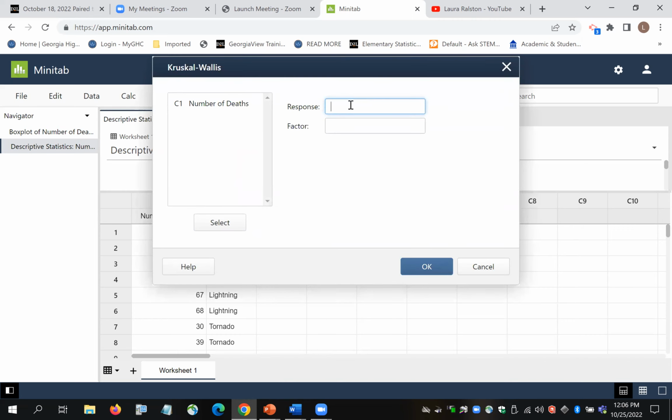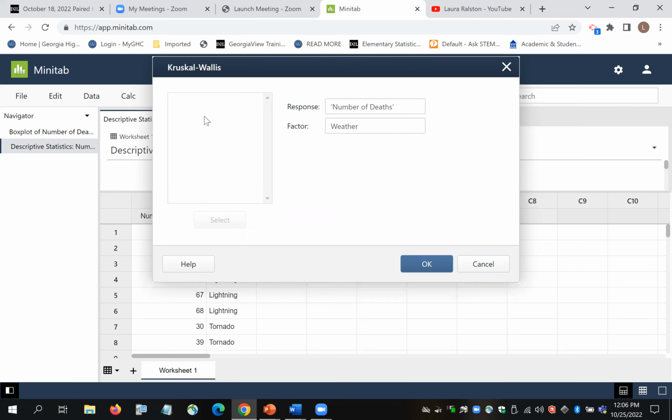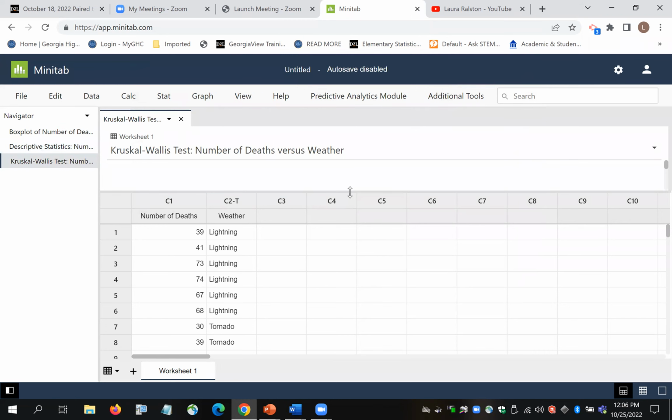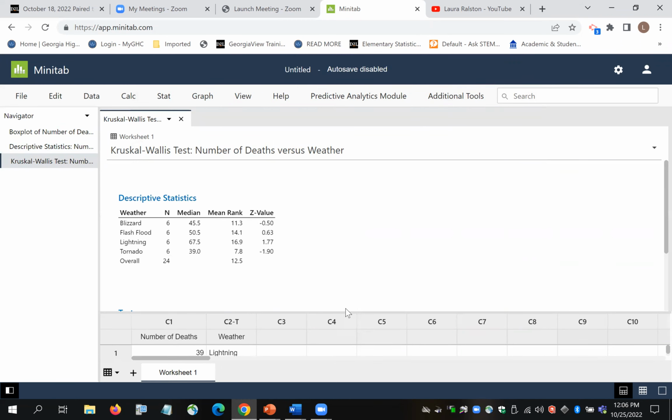The response is your quantitative variable, which would be the number of deaths. The factor is the categories, which is weather. I click OK, and my results appear up top.